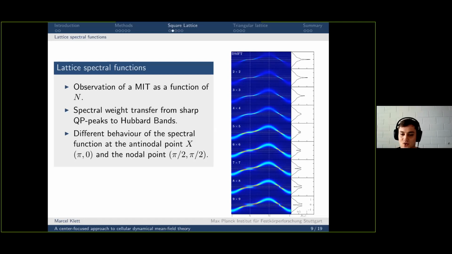The fact that the nodal point is not yet gapped just comes from the fact that our cluster is still not large enough at a size of 9 by 9. Nevertheless, what we can again see is that it's very important to consider which cluster size we are calculating in the CDMFT approach.